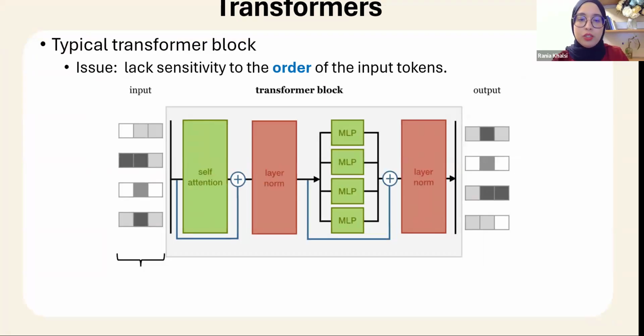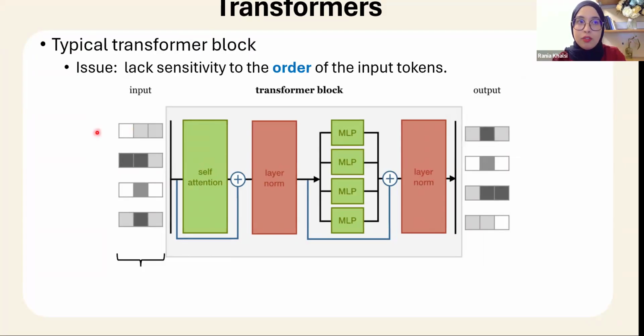So the challenge with this architecture is that it introduces certain limitations. Since we are working in the domain of NLP and our input consists of text, I mean sentences composed of tokens, for example, "hi, how are you?", each word can be considered as a token.